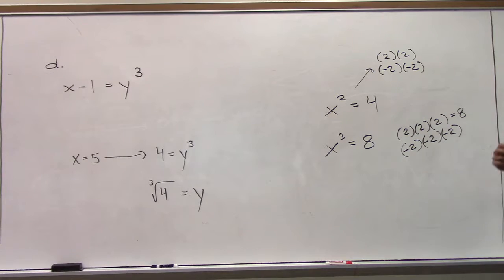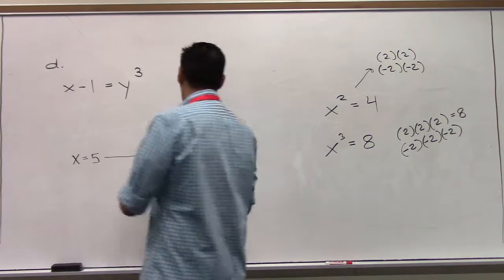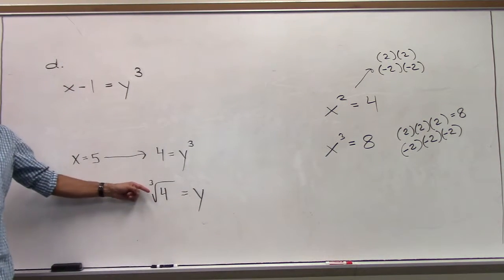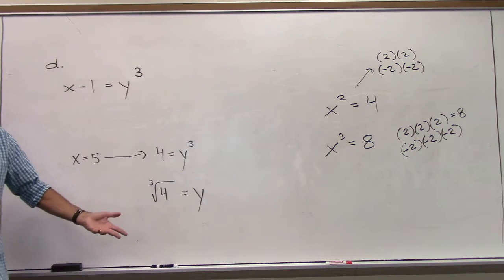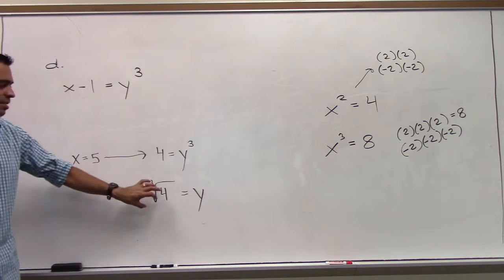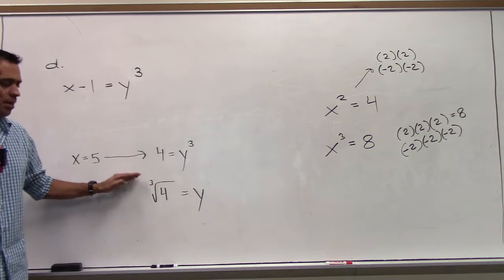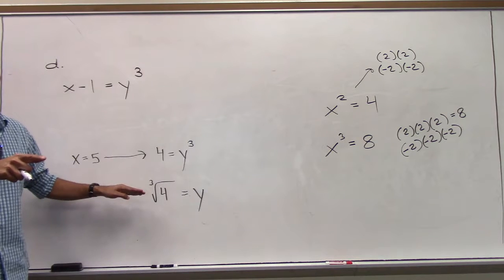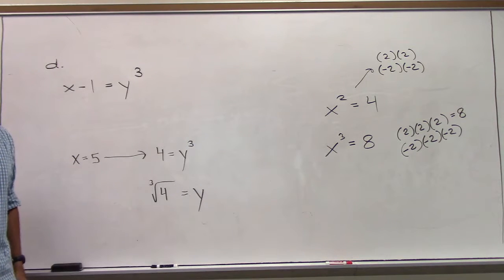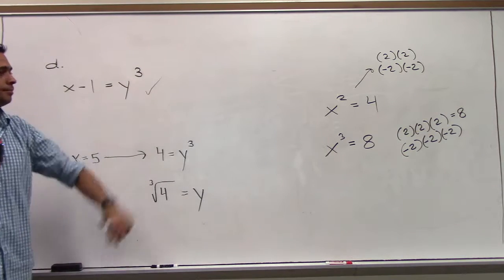I hope that makes sense. So if we take an even root, 2, 4, 6, 8, 10, we always have to do plus or minus. If we take an odd root, it's not necessary. Which means what? If there's not a plus or minus, it goes to one place. There's only one answer, so this would be a function. All right, so this one would be.